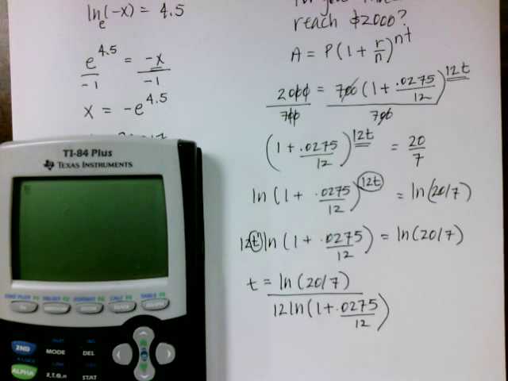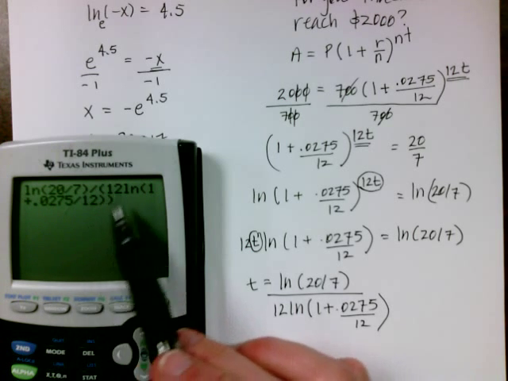All right, so if I clear, in the numerator I have the natural log of 20 divided by 7, close parentheses, divided by open parentheses, 12 natural log 1 plus 0.0275 divided by 12, close and close.